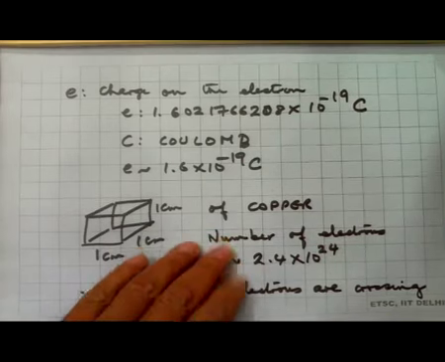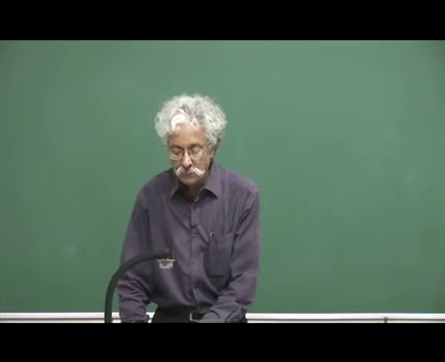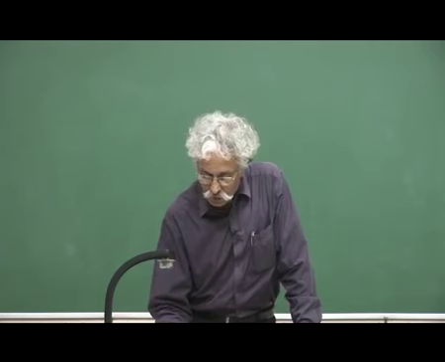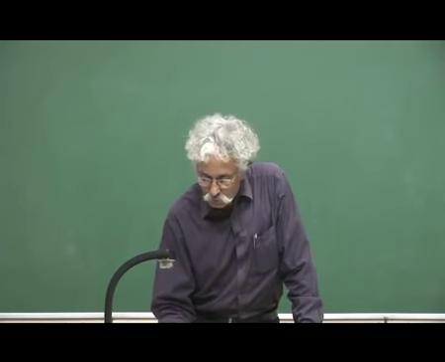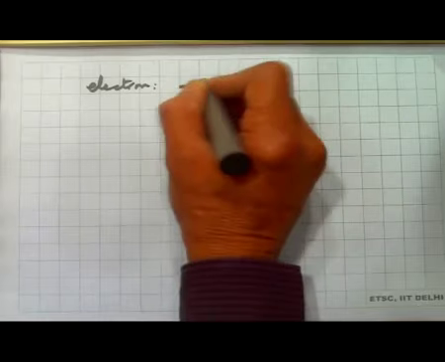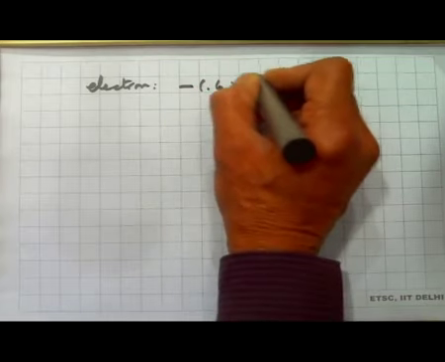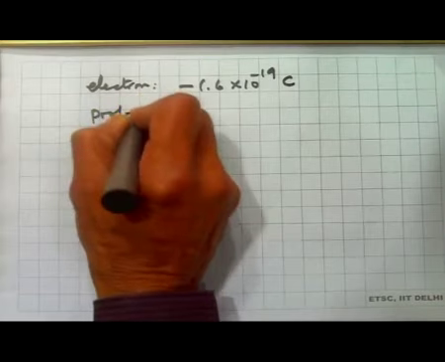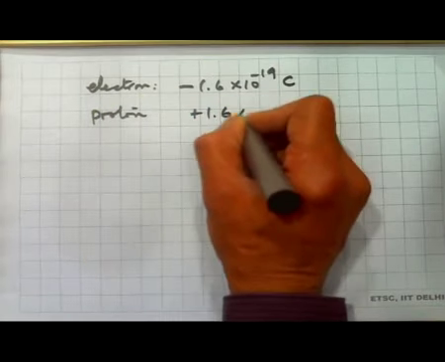Now, charges also follow the principle of additivity. For example, the charge on an electron is minus 1.6 into 10 to the minus 19 Coulomb, and the charge on a proton is plus 1.6 into 10 to the minus 19 Coulomb.